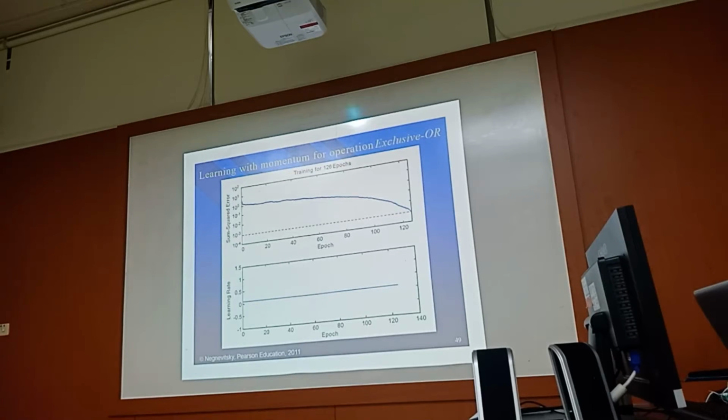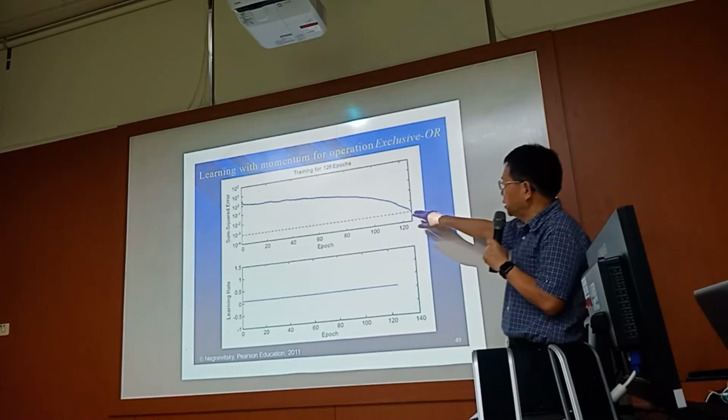Now, in fact, he hopes to improve the operation. So here, learning with momentum for operation, he finds that with the learning rate fixed, he can get better and quickly get near the sum of square error.